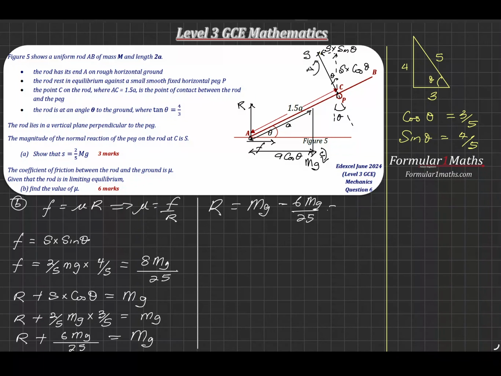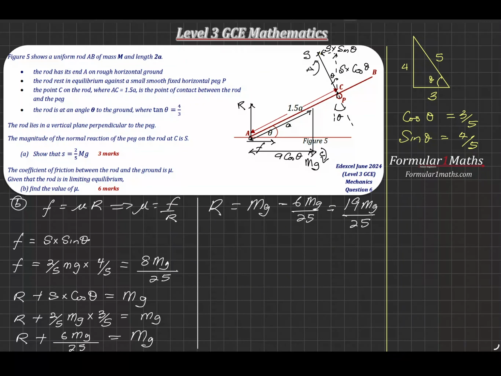And that will give me 19 mg over 25. Now we go back to our equation that we wrote down earlier, which is that one, and then substitute the values we found for F and for R.